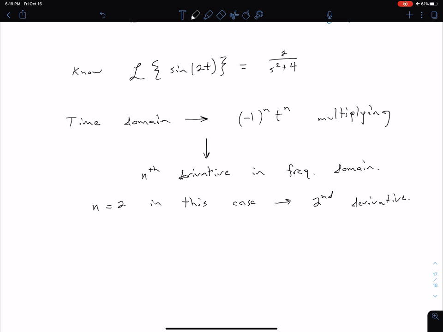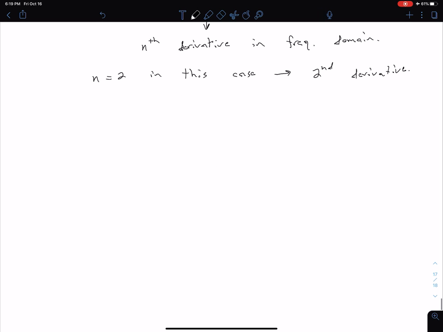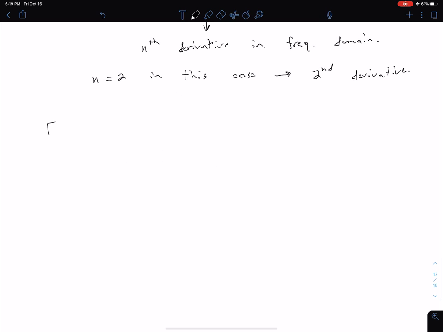Okay, so what do we actually do then? Let's come down here. We can say that our F of s, the Laplace transform of t squared sine of 2t, is equal to the second derivative with respect to s of the Laplace transform of the thing being multiplied by t squared.